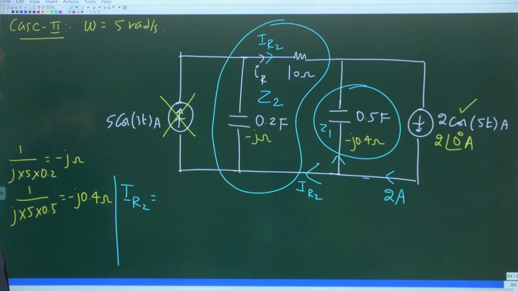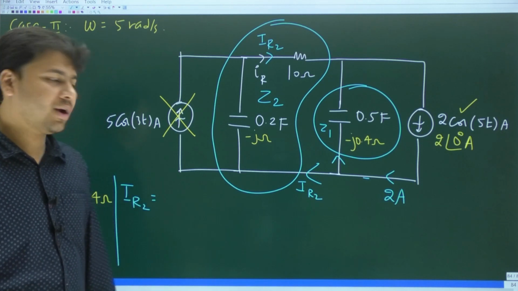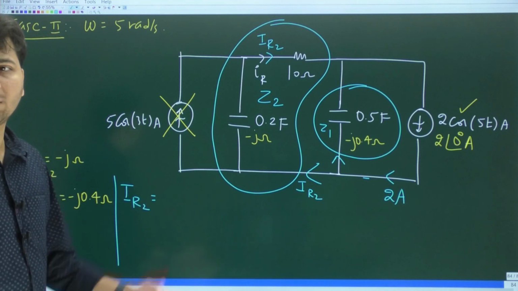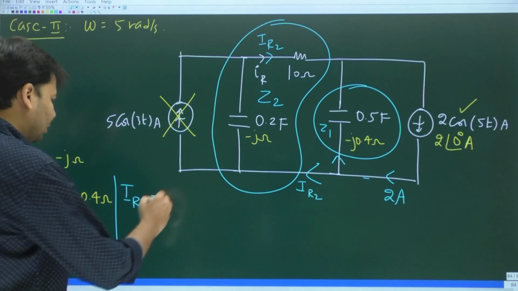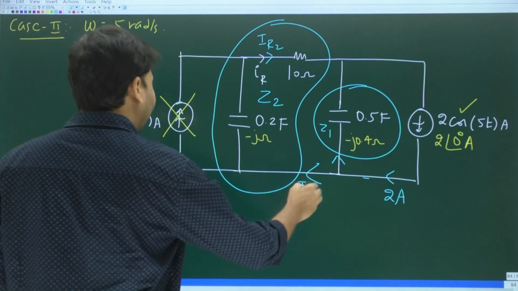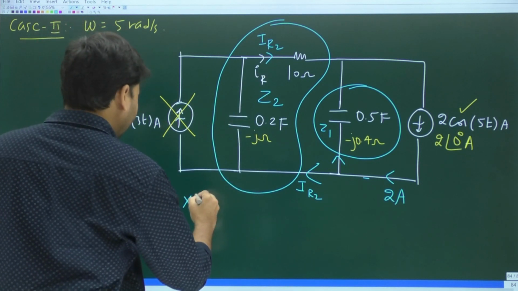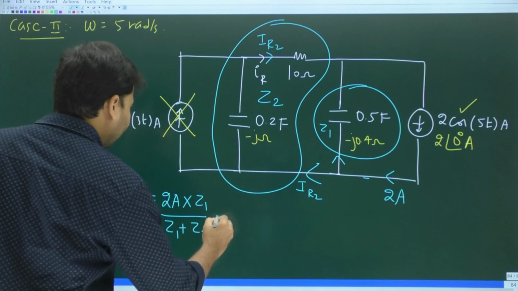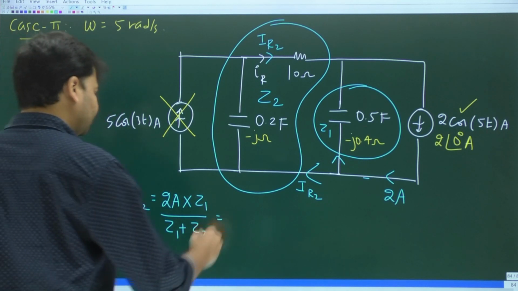So in this way, let us write the expression for capital IR2. Again, which current is getting divided between the two impedances? It is the 2 ampere current. So first you write down 2 amperes times, IR2 is the current through Z2, so it will be proportional to Z1, so into Z1 divided by Z1 plus Z2.